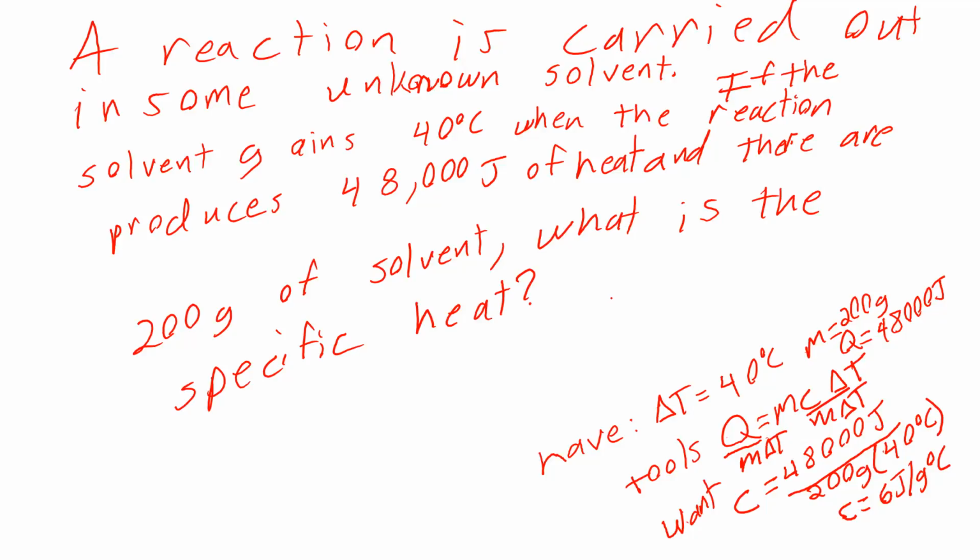But if you're trying to calculate the mass, it would be done like anything else. You just have to manipulate the formula Q equals MC delta T and solve for mass. Fairly straightforward, and that's the nice thing about thermodynamics: all of your calculations tend to be very straightforward.